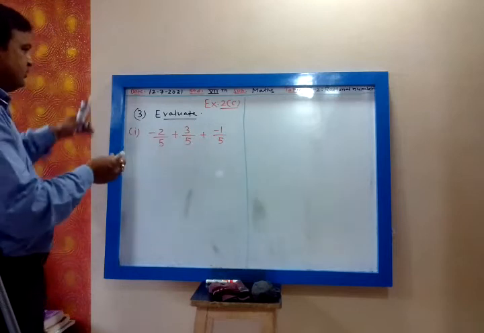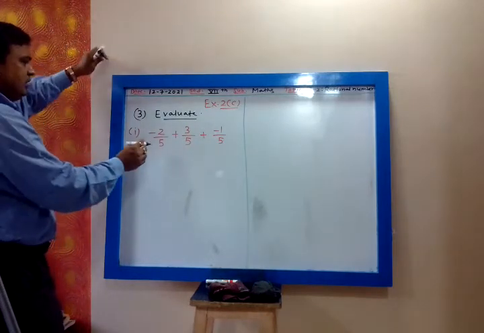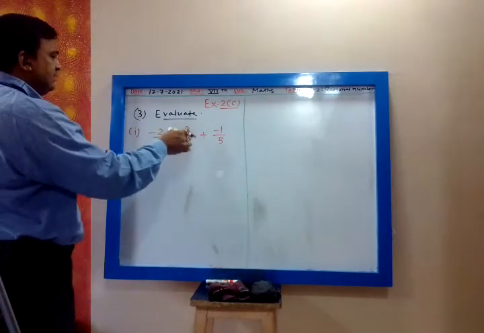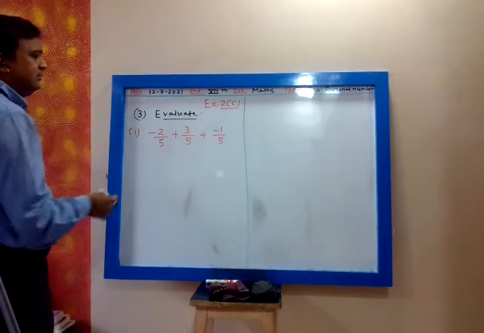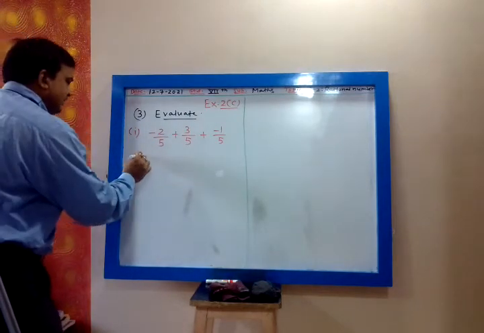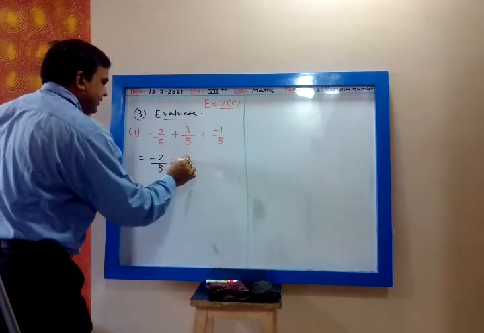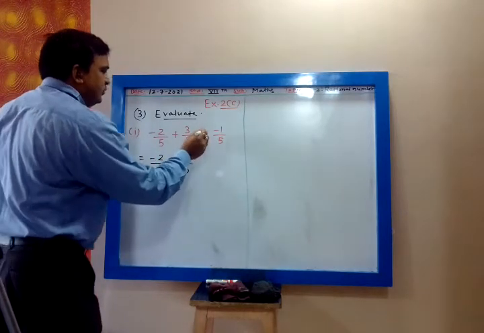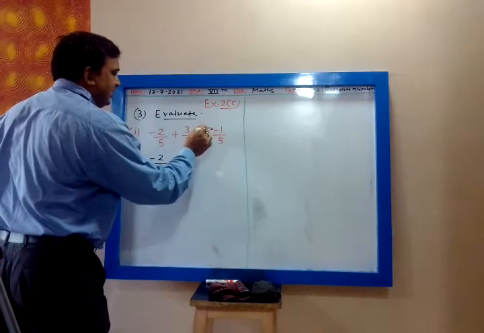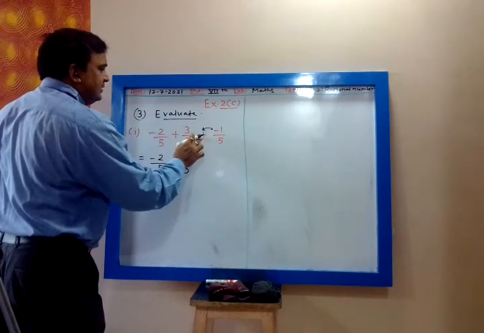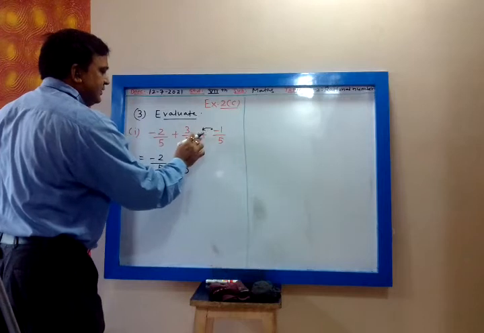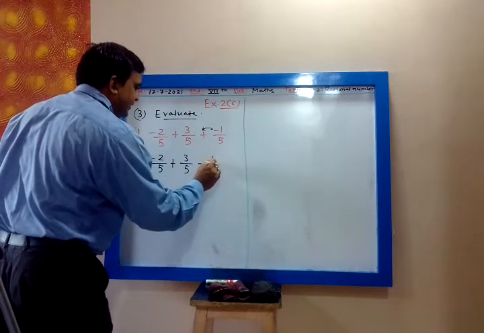Yes. So evaluate this. Now we have to add 3 rational numbers. So I will write minus 2 by 5 plus 3 by 5, and whenever two signs are together you have to multiply the sign, as I told you: plus into minus is minus, so minus 1 by 5.